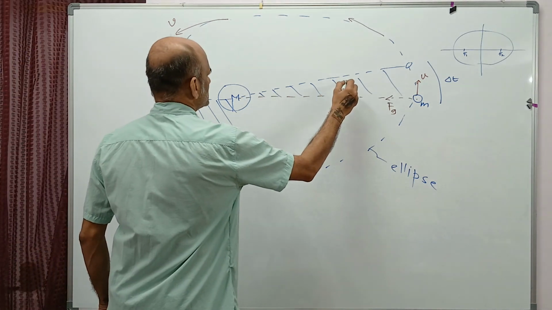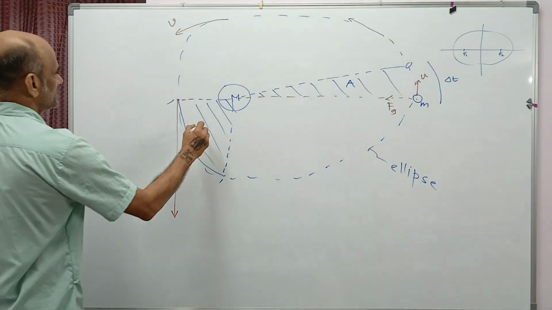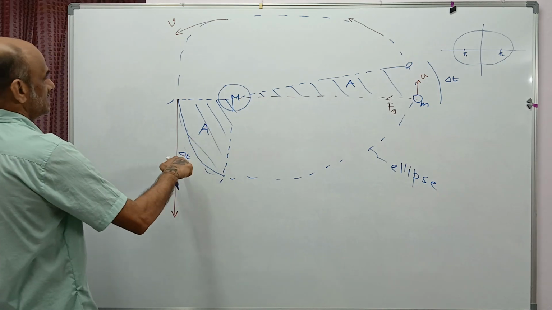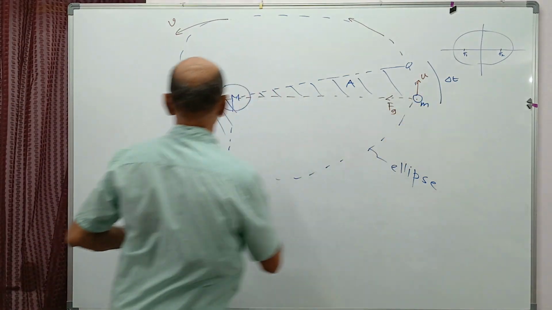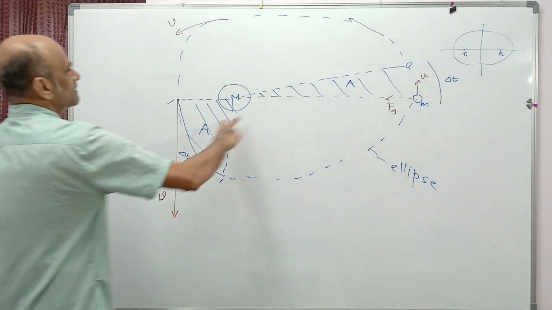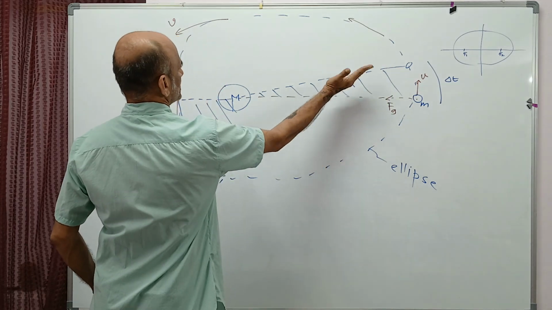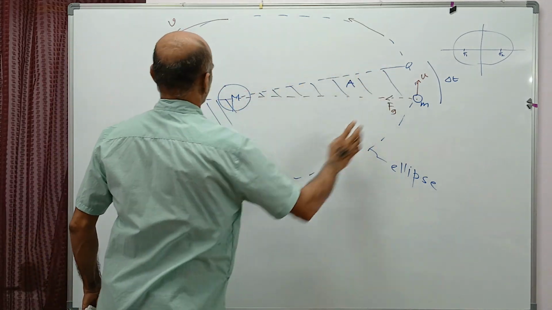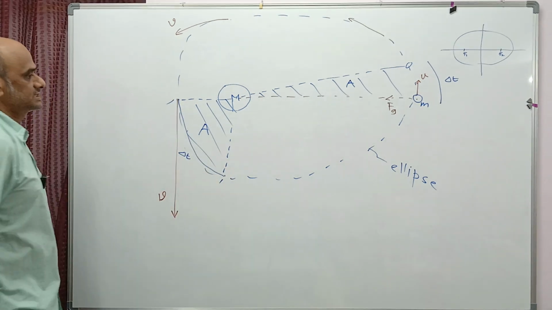I call this area A, which is swept in time delta t, and this area will be the same A because I have taken the same time delta t. If it is 5 seconds here, the same 5 seconds we take here. This length is more, so even if it covers a little angle, it will have some area. To have the same area when it is farther, it has to cover a larger angle, and when nearby, a larger distance.